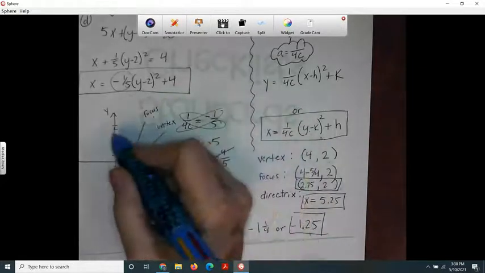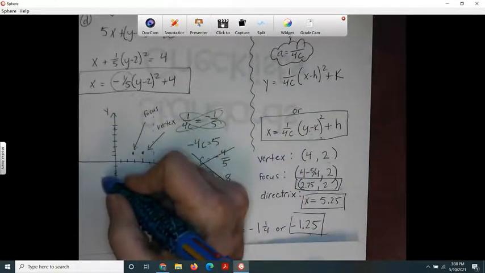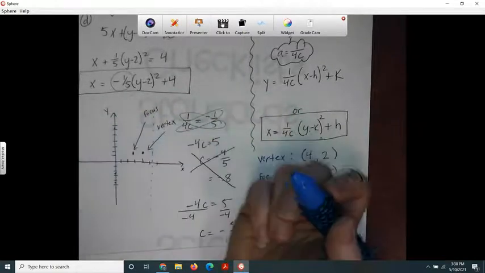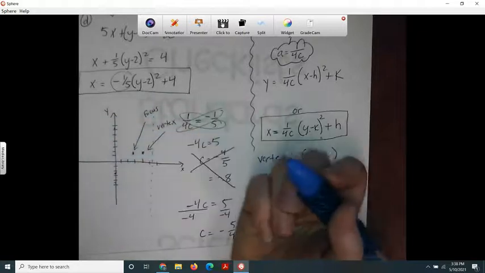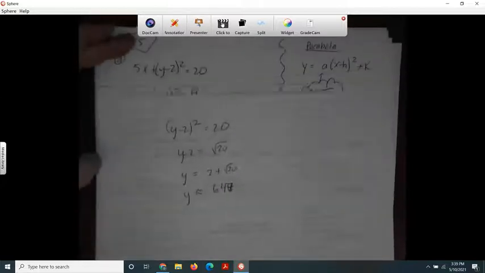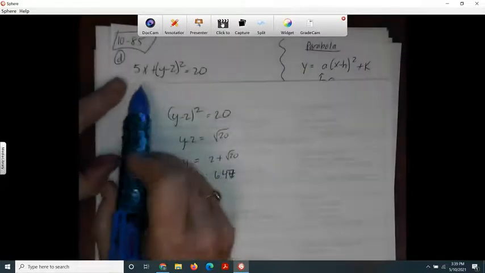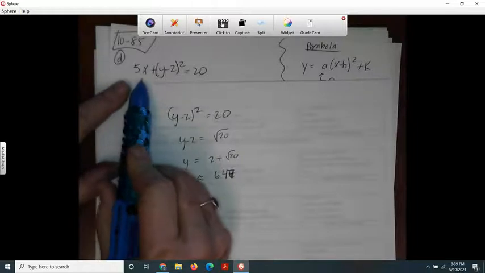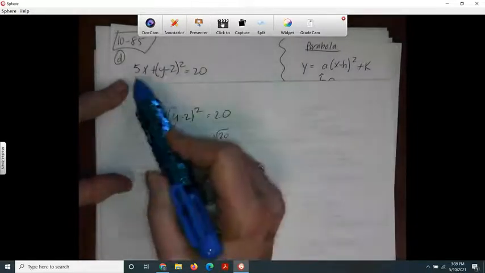Okay. Now I'm ready to draw my parabola, but I wanted some y-intercepts. So to get some y-intercepts, I went to this top equation right here, and I know that the y-intercept happens when x equals 0.